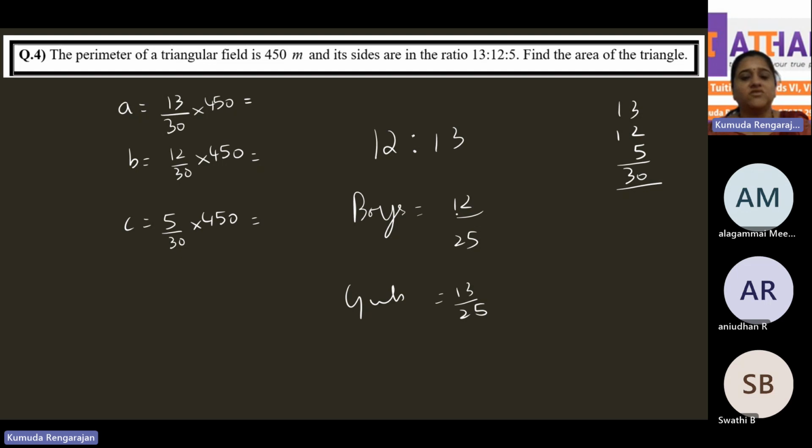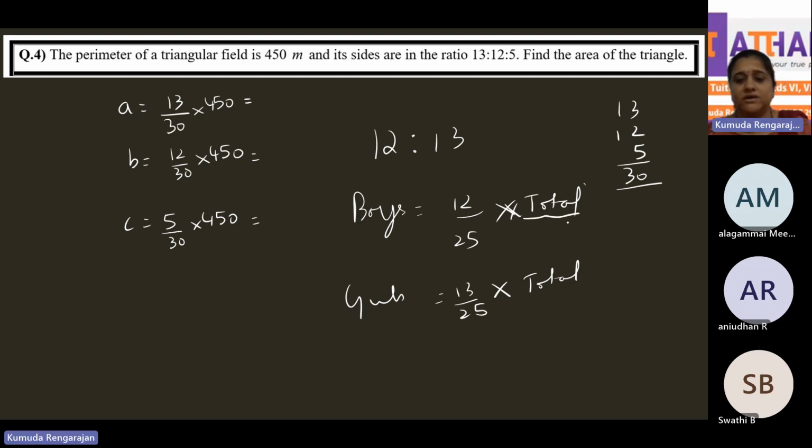So boys 12 by 25, girls 13 by 25 of the total strength. Why total strength? Because boys and girls put together is the total strength of the class. It will not be into the strength of the school; that will be the number of boys and girls in the school.